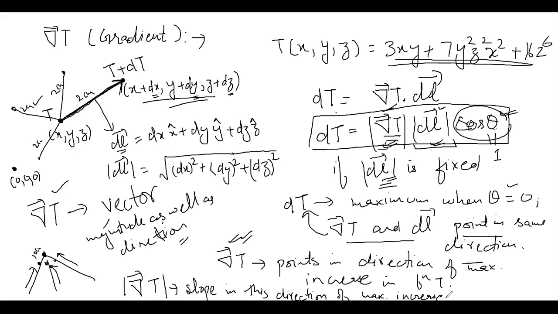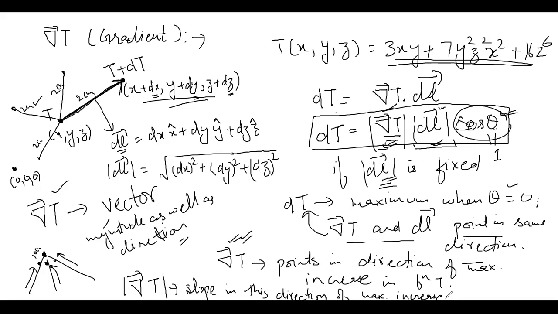Gradient itself being a vector quantity has both magnitude and direction. The direction of the gradient is going to point in the direction of maximum increase in the scalar function, whatever scalar function you are considering. The magnitude of the gradient is going to give you the slope in that direction of maximum increase.